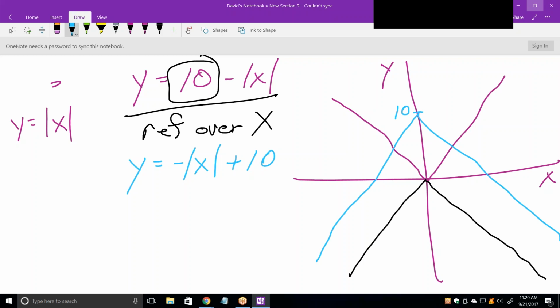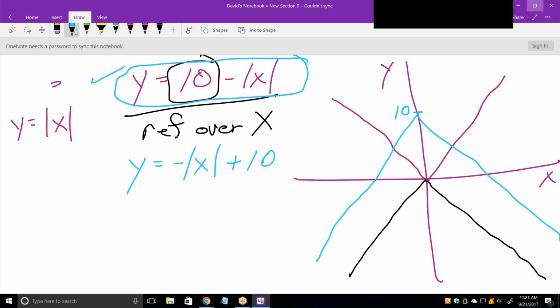So my blue line is this function. I've just written it in a manner where you can kind of see the transformations a little bit easier. In other words, you always want to do reflections first. You have to do them in that order. Otherwise, you end up with a different answer in terms of the graph.